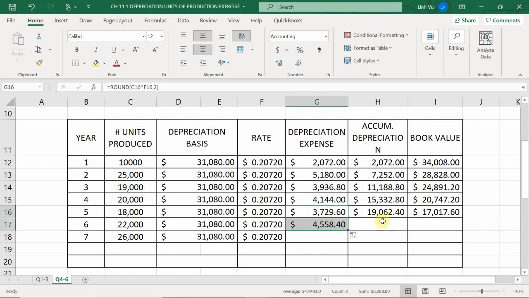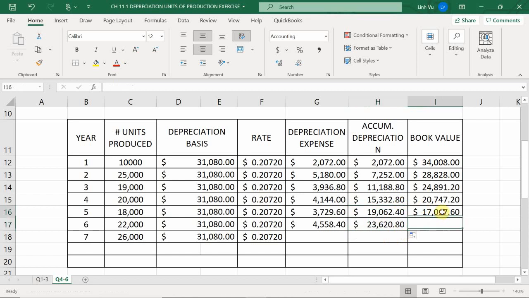$2,558.40. Good. All right. My total accumulated depreciation is going to be $23,620.80.